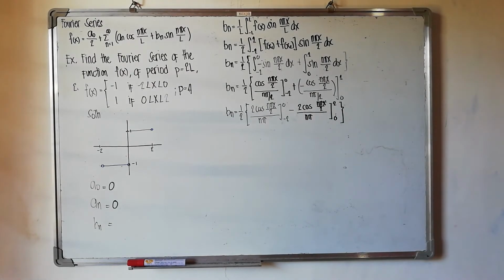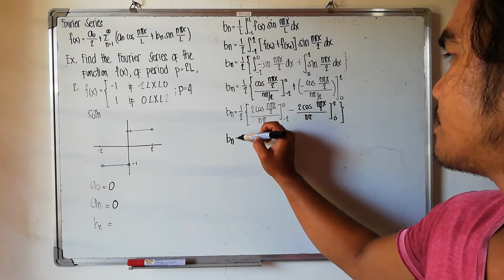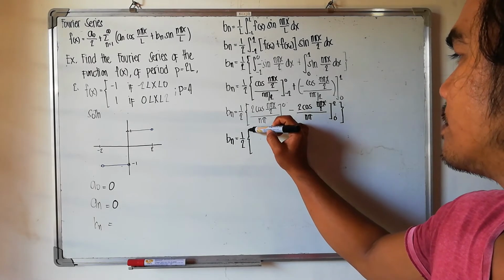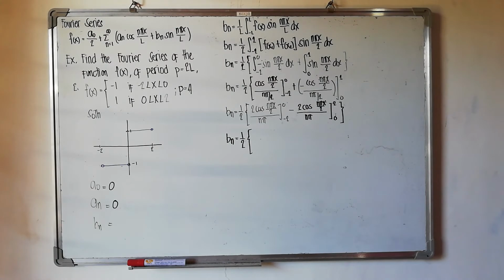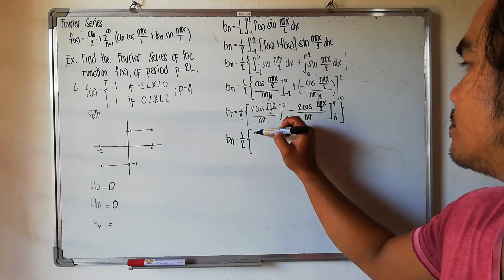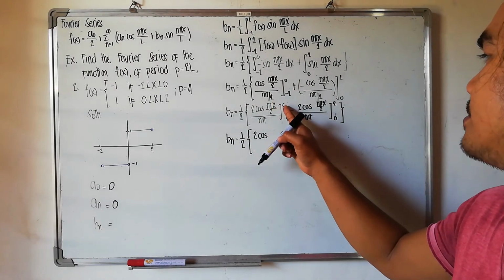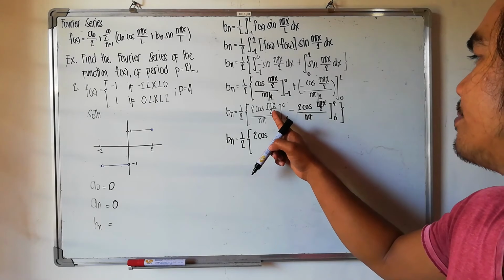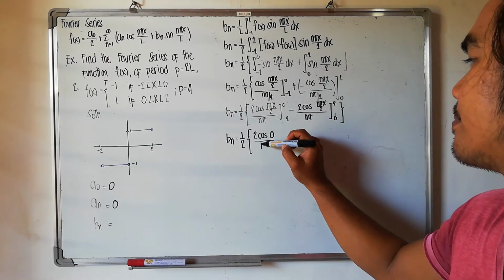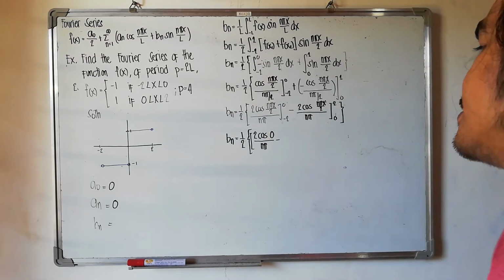Let's substitute the limits. So you have your b sub n is equal to 1/2. So for your first function, substitute x to 0. So you have 2 cosine n pi times 0, so that will be 0, divided by 2, so that is equal to 0, divided by n pi, minus the lower limit.